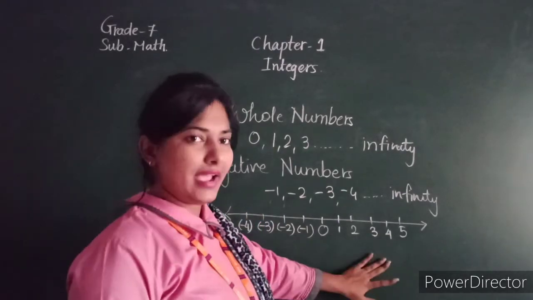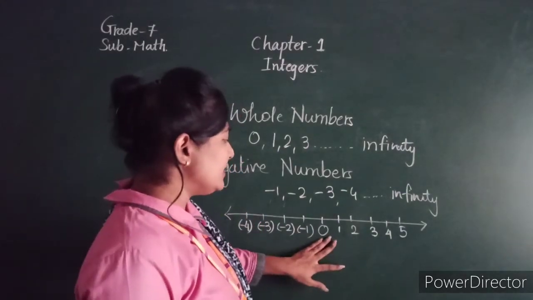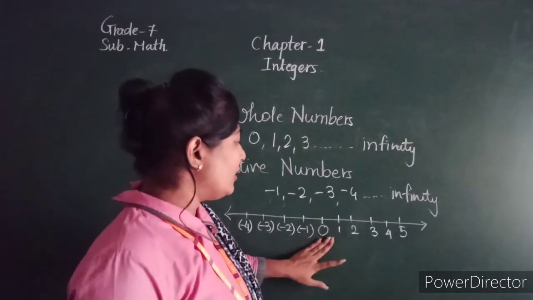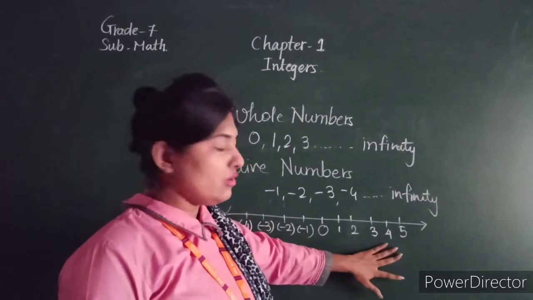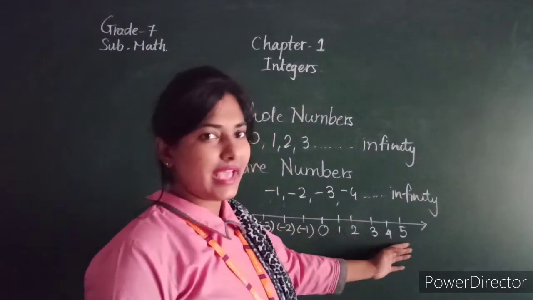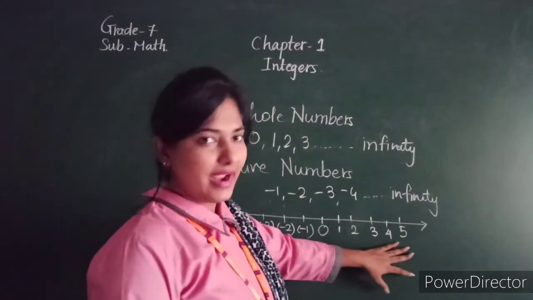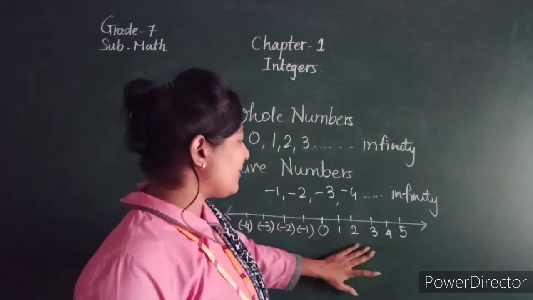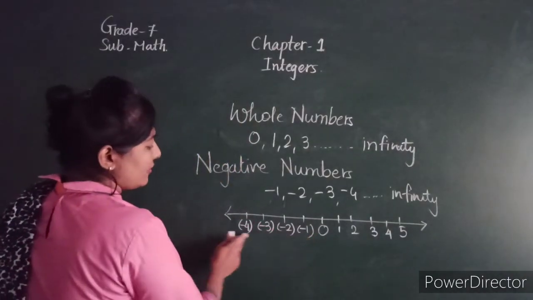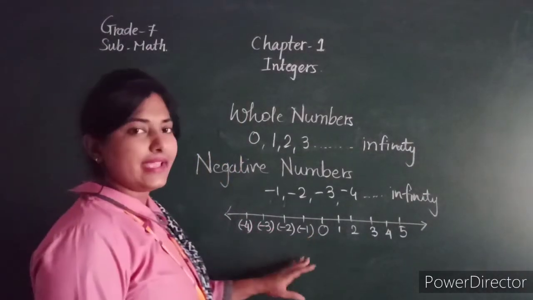So this is a number line on which 0 is in the middle. You can see on the right side from 0 are 1, 2, 3, 4 and 5, which means positive numbers are on the right side, and from 0 on the left side negative numbers are there.